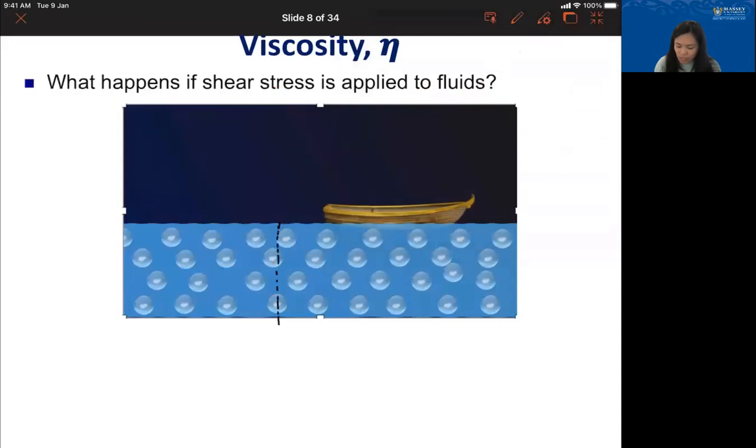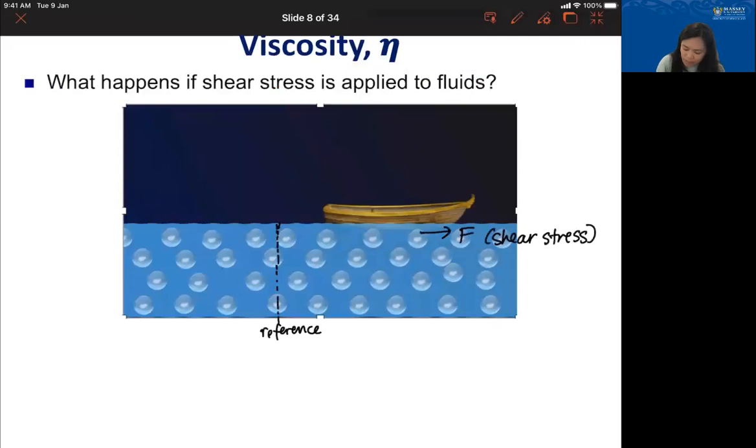Say this is the line where the particles are supposed to be aligned before you applied the shear stress. You have, of course, the force to the right, giving you the shear stress, and this is our reference point.